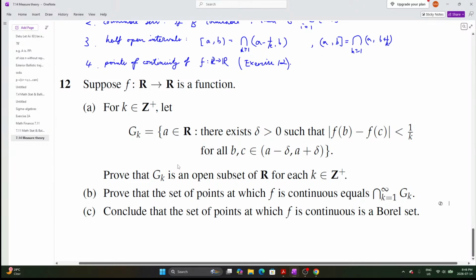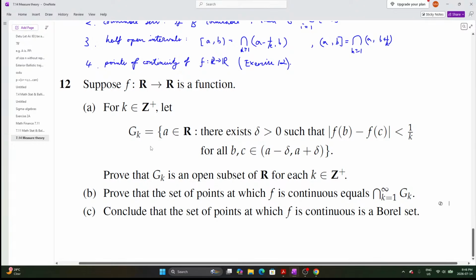So here it says for k in Z plus, a positive integer, then G_k is defined as the following. G_k is an open subset of the reals for each k.